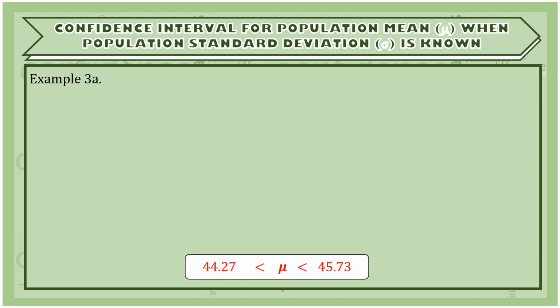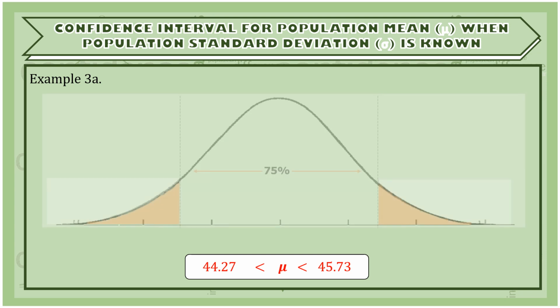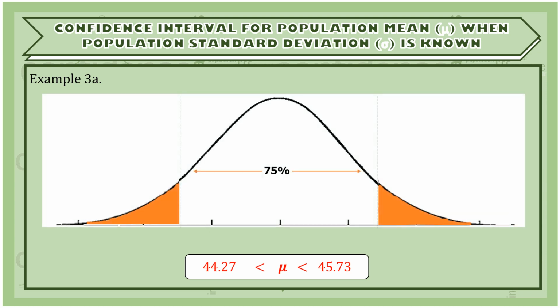Tenth is interpret the result. Based on the normal curve, we are 75% confident that the population mean score is between 44.27 and 45.73 based on a sample of 55 students' score.